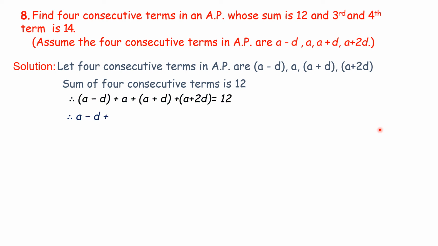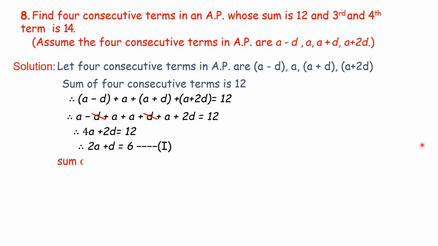Therefore, a minus d plus a plus d plus a plus 2d is equal to 12. Here minus d plus d cancels. 4a plus 2d is equal to 12. Therefore, 2a plus d is equal to 6. This is equation number 1.